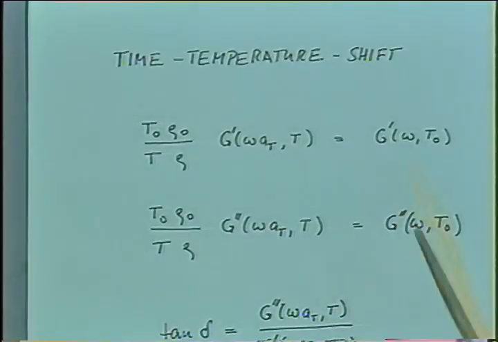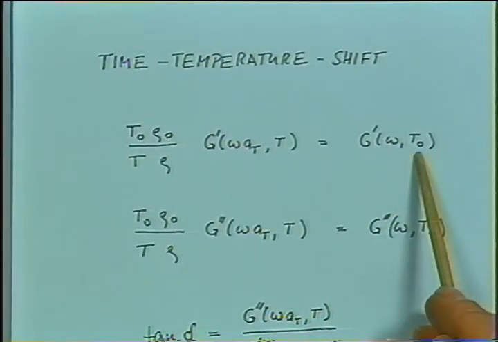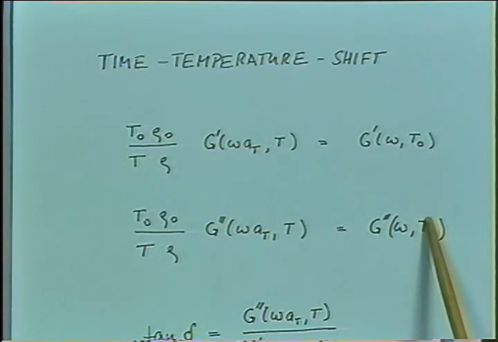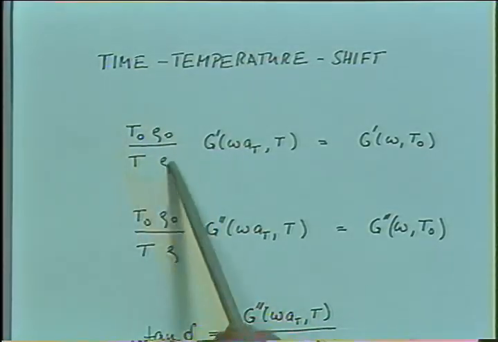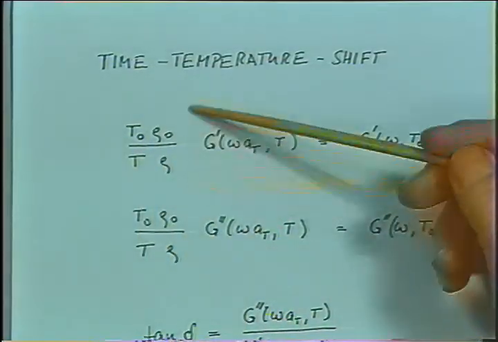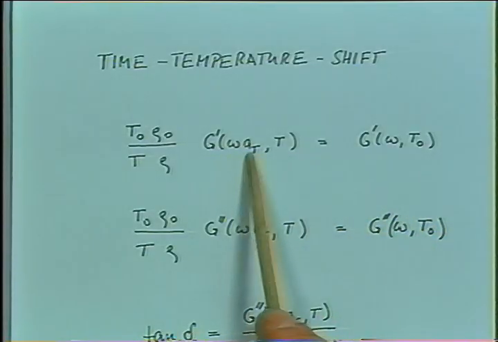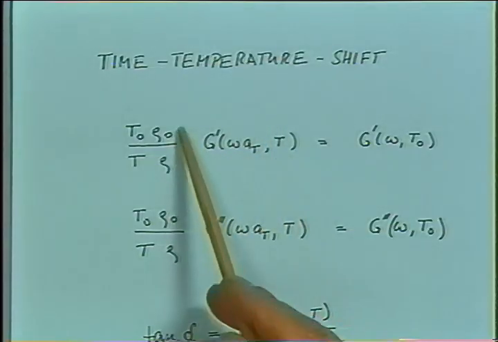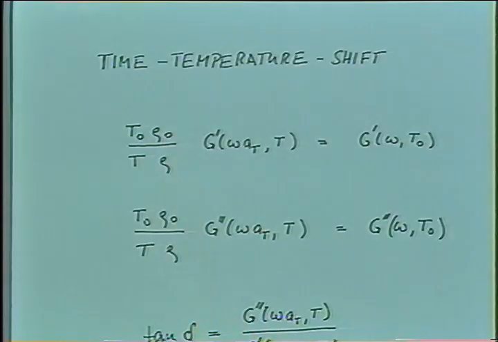The master curve would be represented at a temperature level T0, so G prime and G double prime would be reduced to a temperature T0, and we would have a shift factor up and down. This is the B of T, and then we have a shift factor for the frequency for those two.